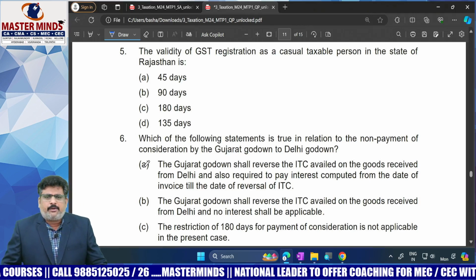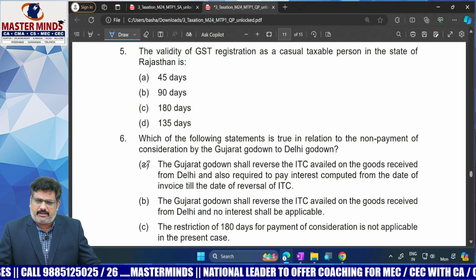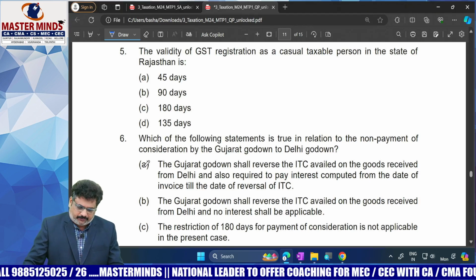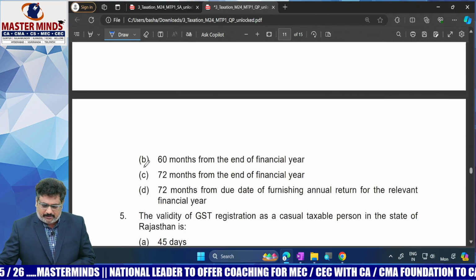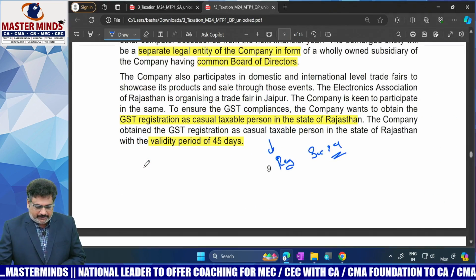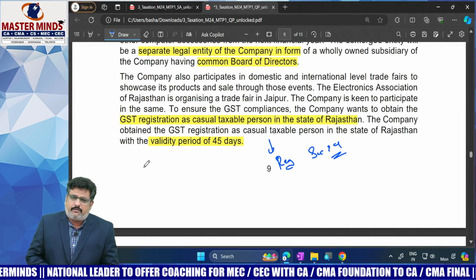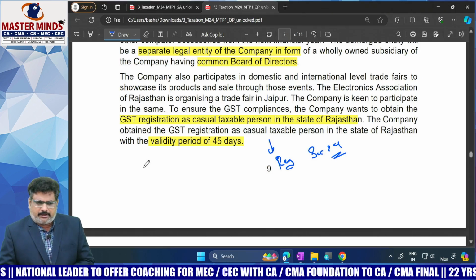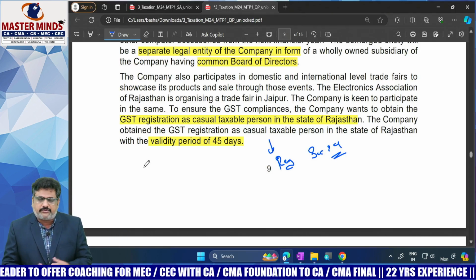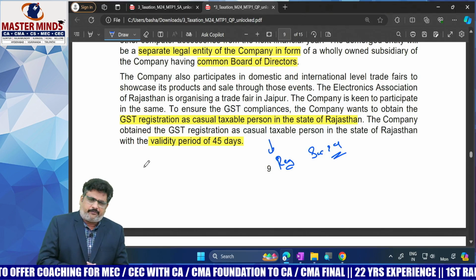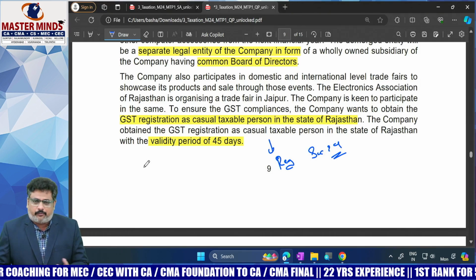Next one. Validity of GST registration as a casual taxable person in the state of Rajasthan is. What is the validity period of registration? Already we highlighted those things. You can check here. What is the validity period of CTP? The time that is specified in the registration or 90 days, whichever is lower. So 45 or 90, whichever is lower? 45.